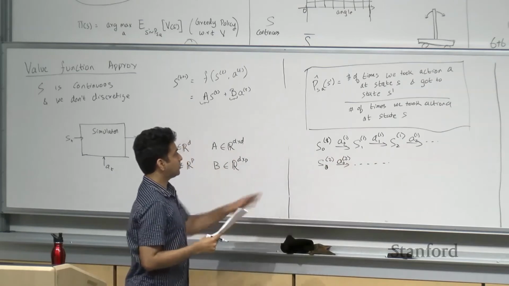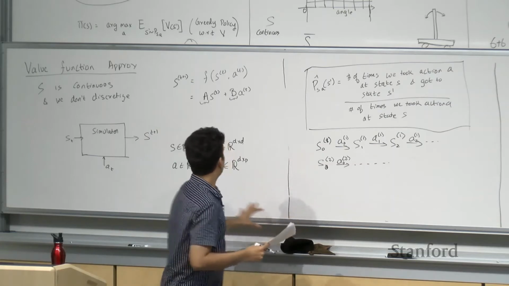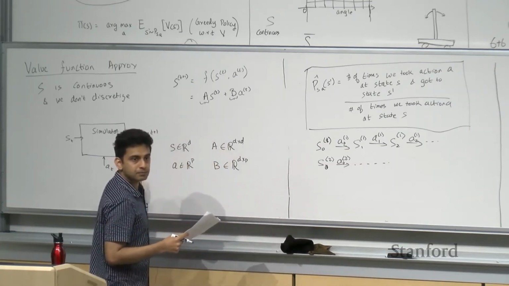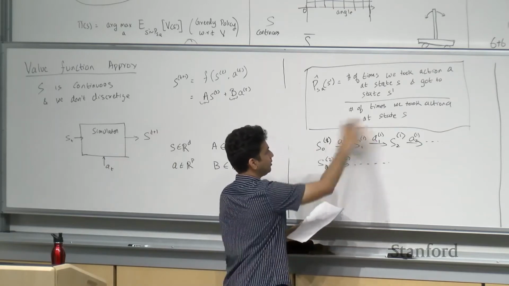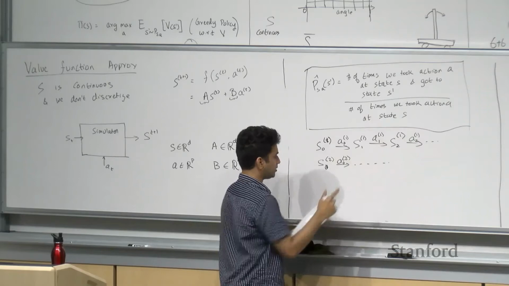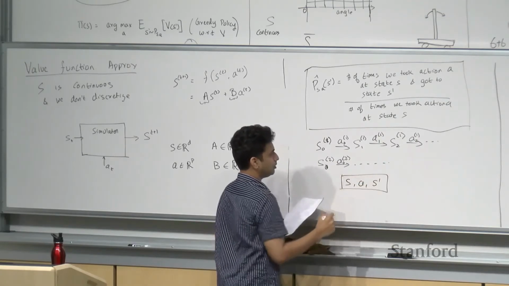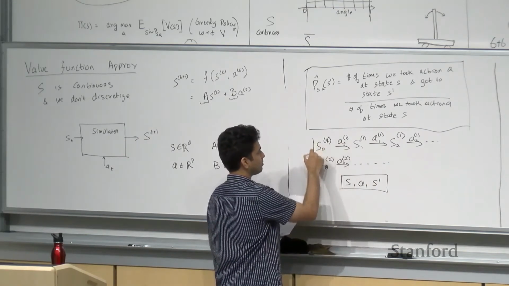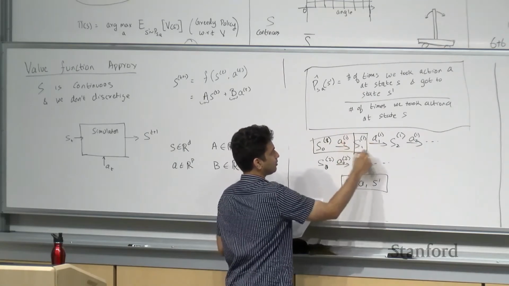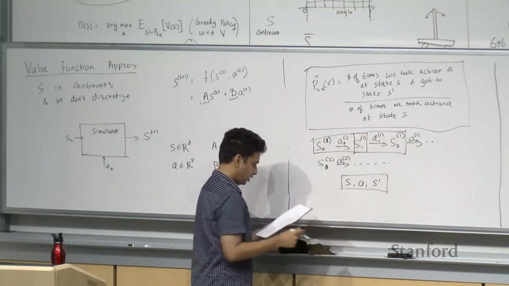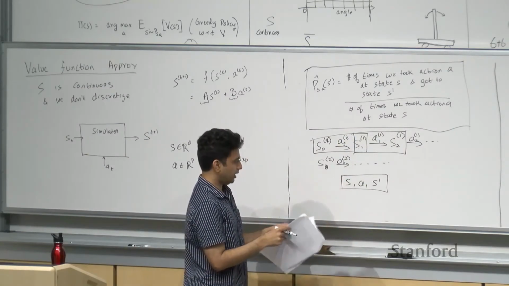So these are trials that we are running according to some policy against the simulator. From this we collect S, A, S prime triples. So S, A got us to S prime. This is one example. And S, A got us to the next S prime. This is another example, and so on. And we can collect this data set of S, A, S prime triples.